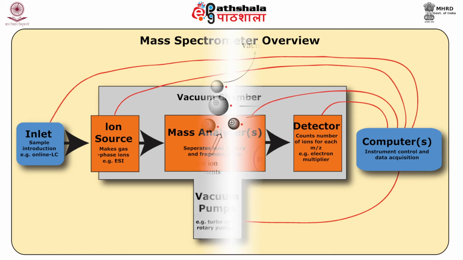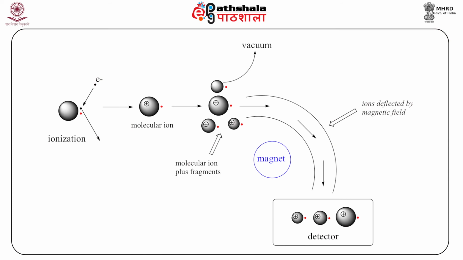The formation and manipulation of ions are done in a vacuum, rather than at an atmospheric pressure of 760 mm Hg.